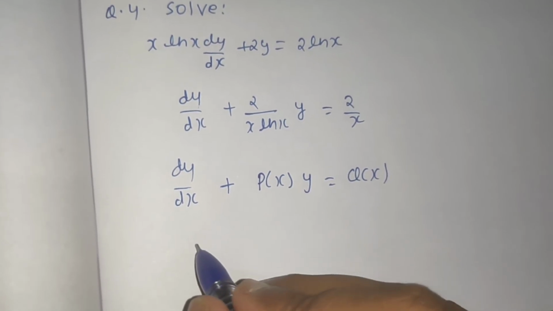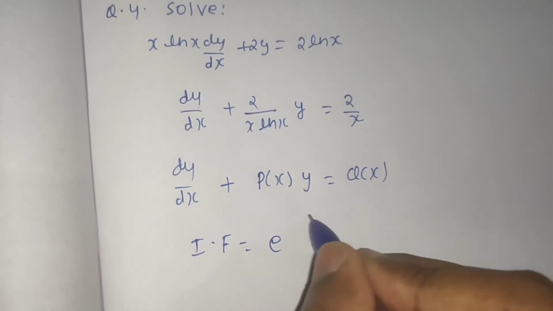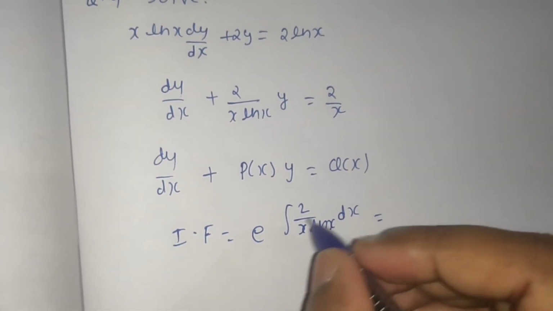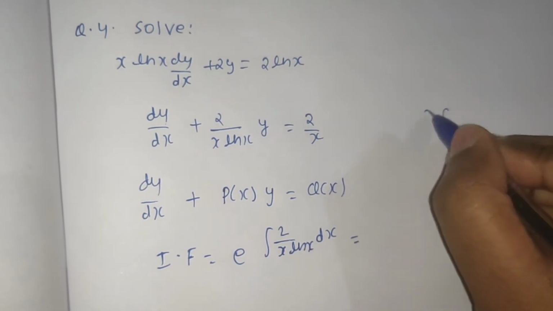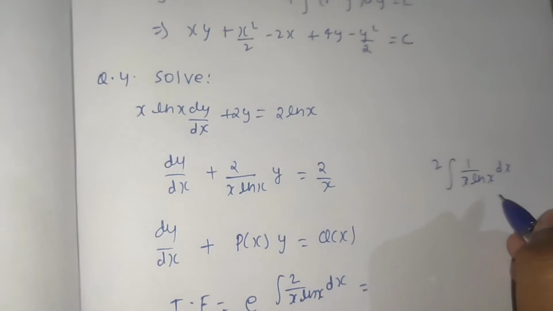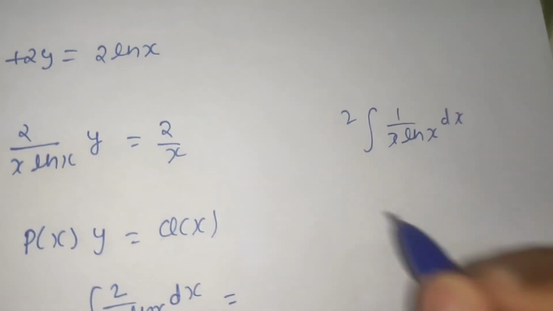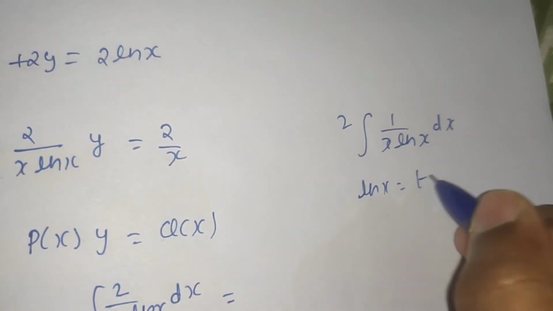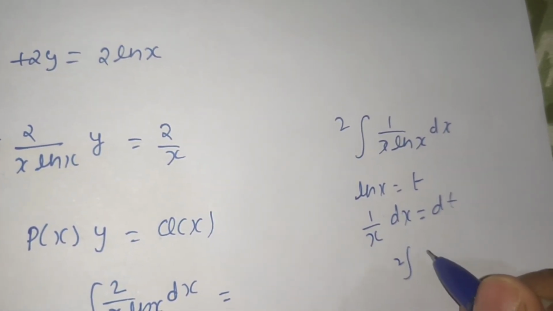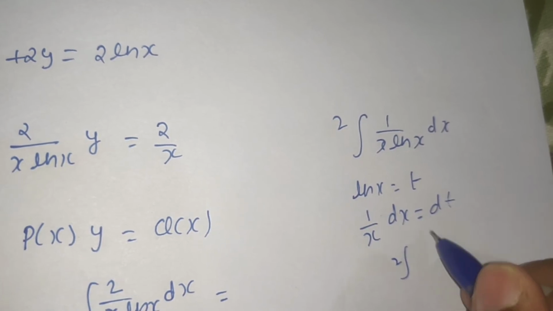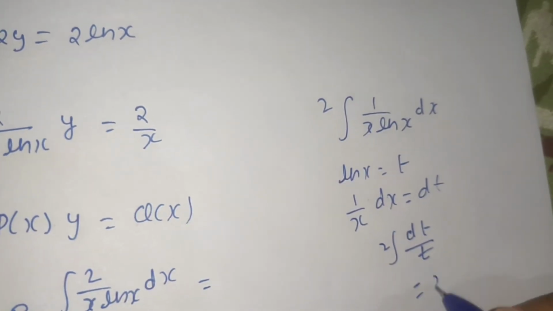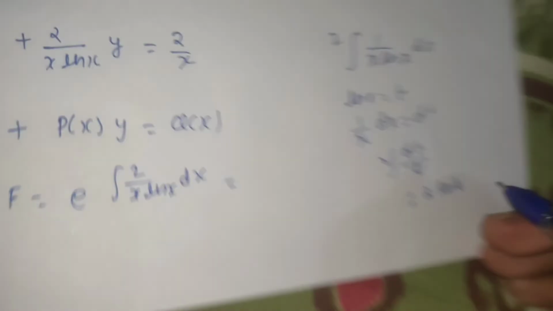So what you can do is to find the integrating factor, which is e power integral of 2 upon x ln x dx. In this particular integral, if you look at x ln x, it is an easy integral, because you can take ln x as t, so as to get 1 upon x dx equals to dt. So 2 dx by x ln x is 2 dt divided by t, so 2 ln t is what you are getting.